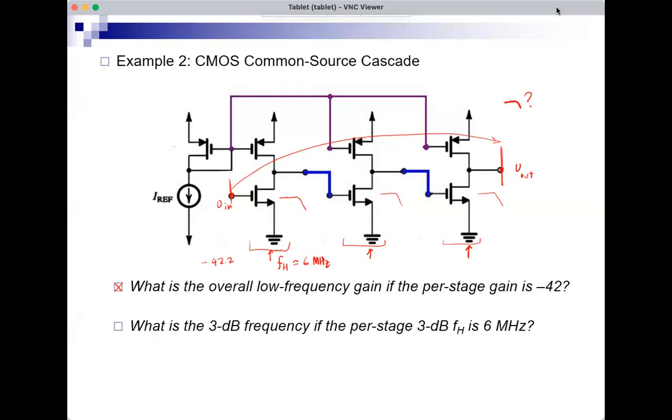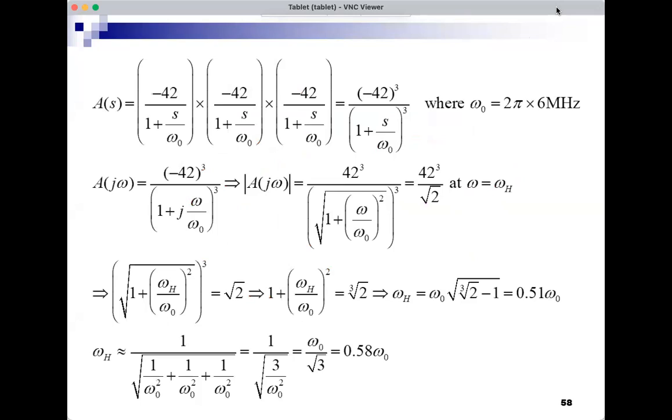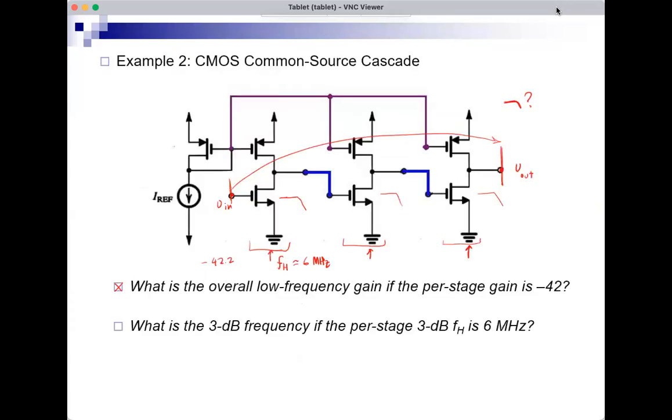For each of these stages, this is the gain per stage: minus 42, or minus 42.2 for the first one, but that's fine, times 1 divided by 1 plus s over omega H for the stage, which is 2 pi times 6, and this is in megahertz. So I have 3 stages with a transfer function that looks like this per stage.